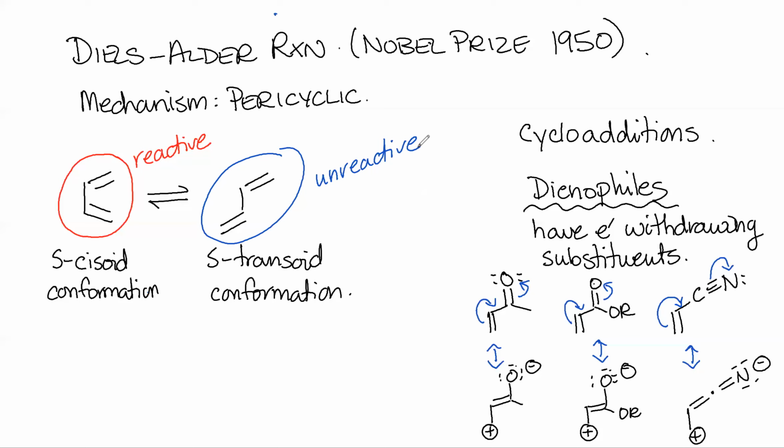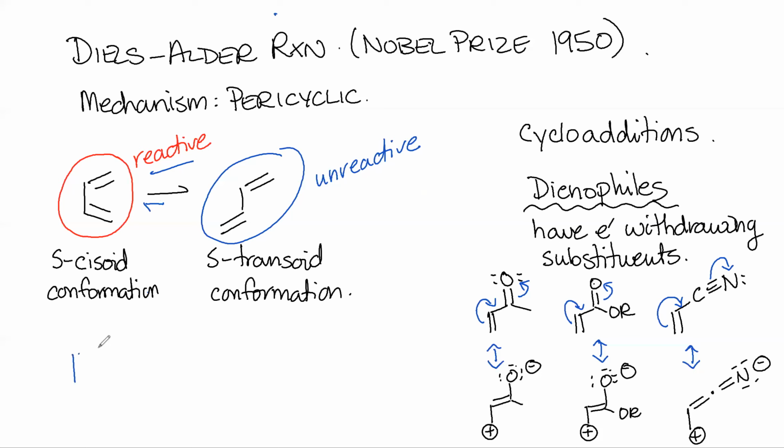So the challenge for the diene itself is that the reactive conformation tends to be the least stable conformation. So sometimes this equilibrium might be facing the wrong direction. So this little arrow would be smaller in this direction. So the best dienes are the ones in which that cisoid conformation is locked in.